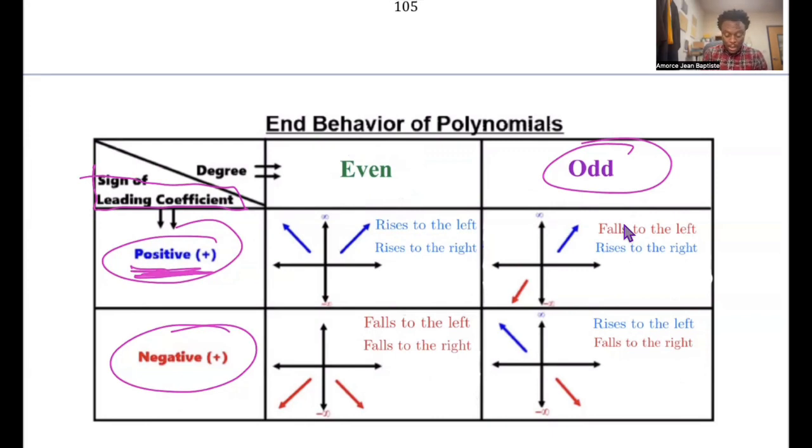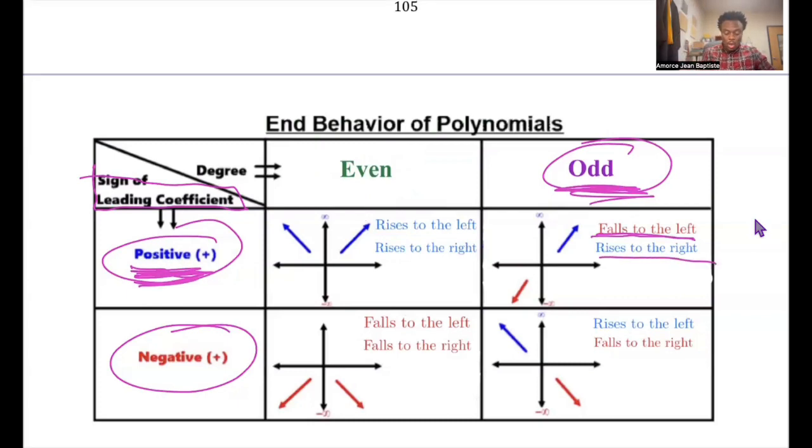Then your polynomial function falls on the left and rises on the right.